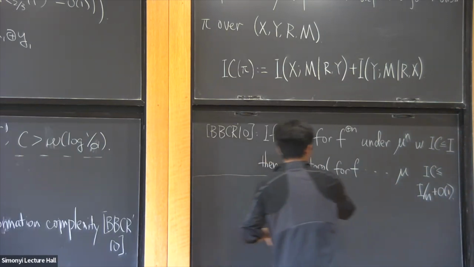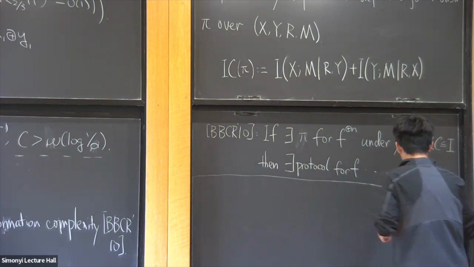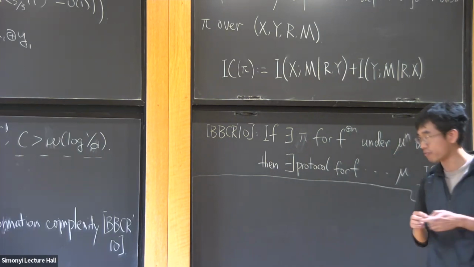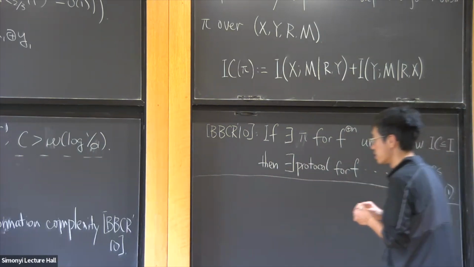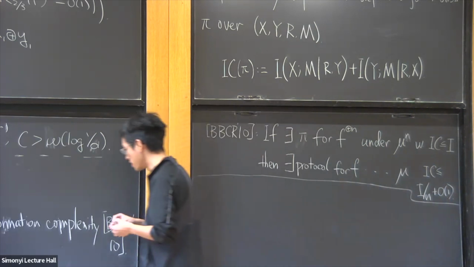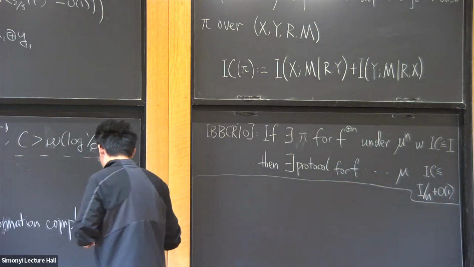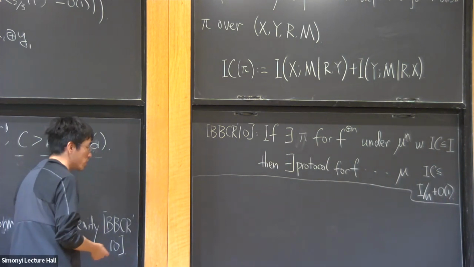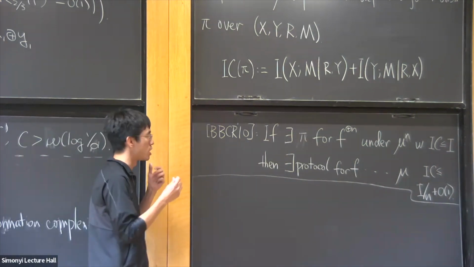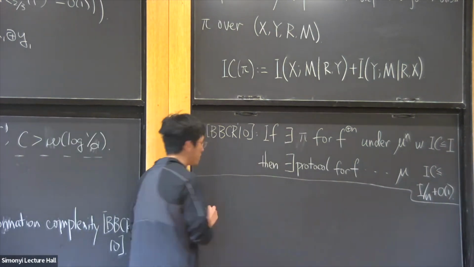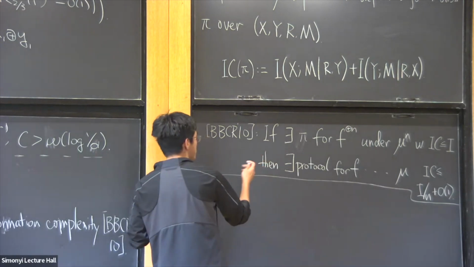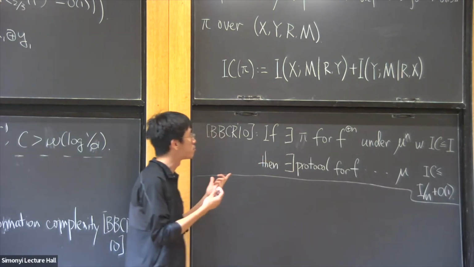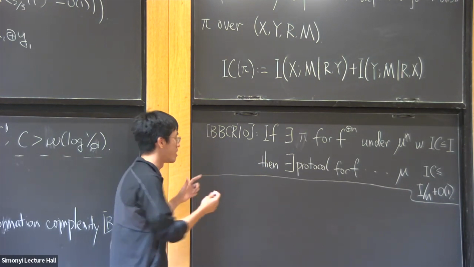Now let me present an alternative view of the proof of this statement, which is technically equivalent, but in a different language, and it will be more generalizable to our setting, as we will see later. So how do we prove this statement? Now we are given a protocol pi for f to the n.